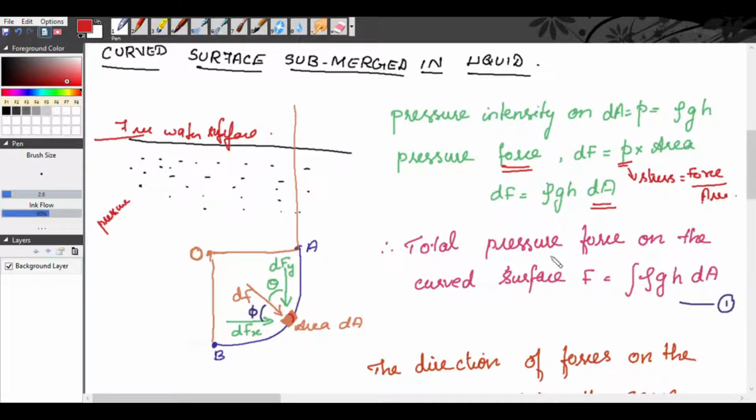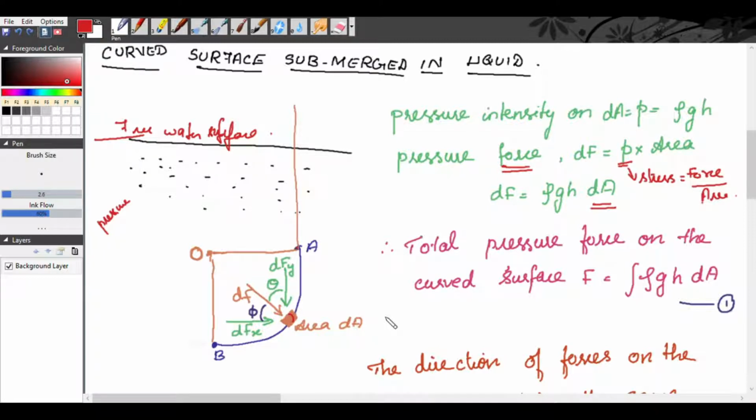The total pressure force on the whole curved surface AB is F, and you can determine it by integrating dF over the curved surface from A to B. So this is the integration of rho g h dA, from A to B. Now it is not possible to do the integration directly from A to B because AB is a curved surface.